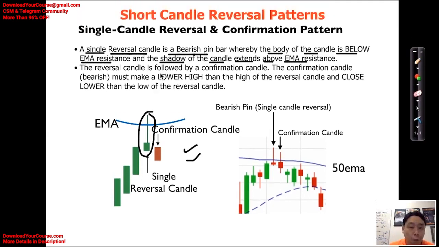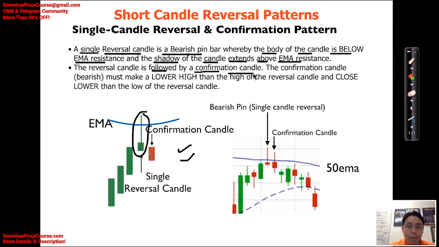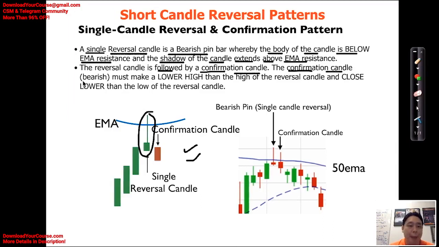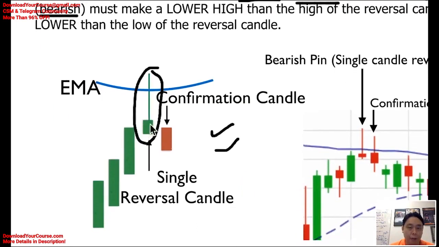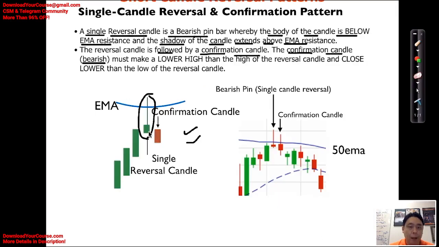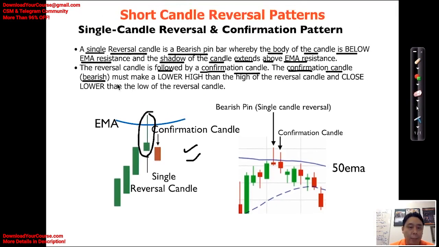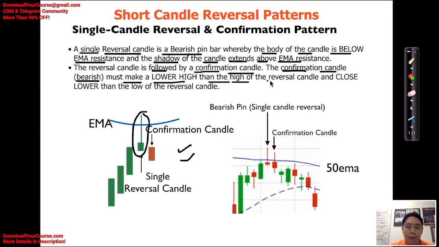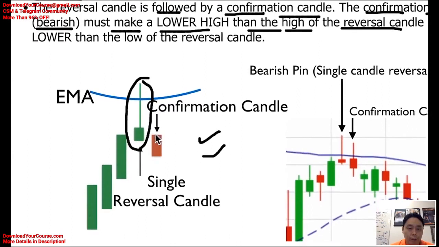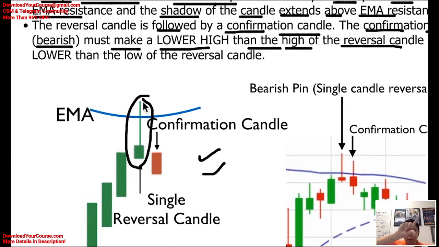And it must be followed by a confirmation candle. If you're going short, the confirmation candle must be bearish. So it must be followed by a bearish candle. The confirmation candle must make a lower high than the high of the reversal candle, so this high must be lower than this high, showing you that it's coming down.